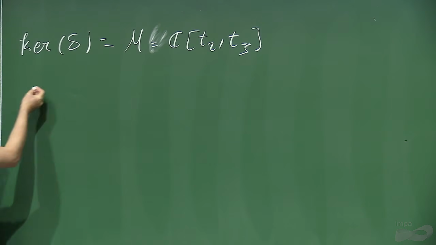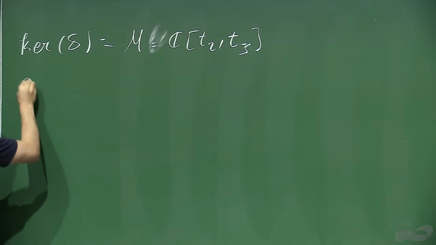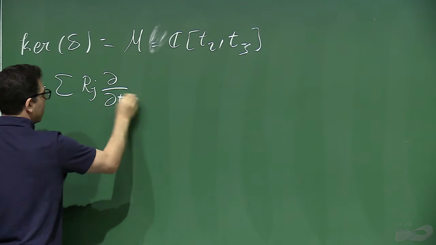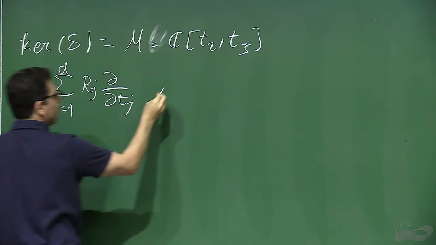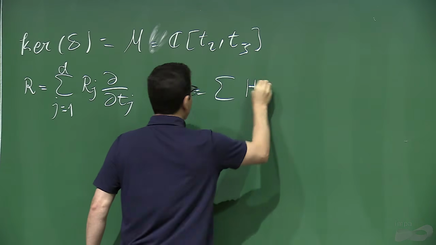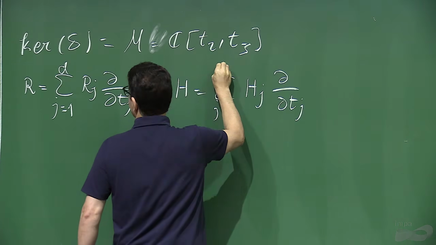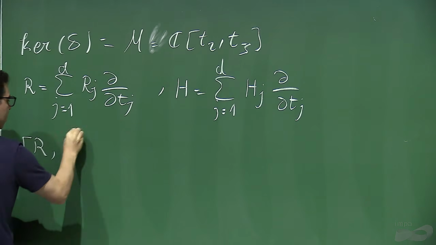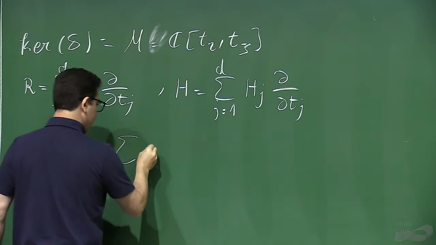Just let me write the Lie bracket. If we have two derivations, let's say R equals the summation of Rj d/dtj, with j from 1 to d, and H equals Hj d/dtj, then the Lie bracket of R and H we can compute in this way.